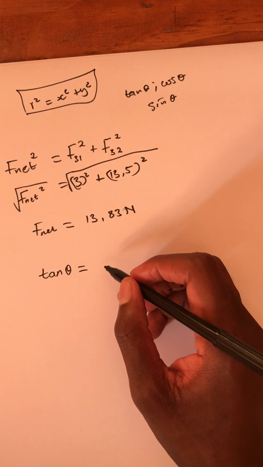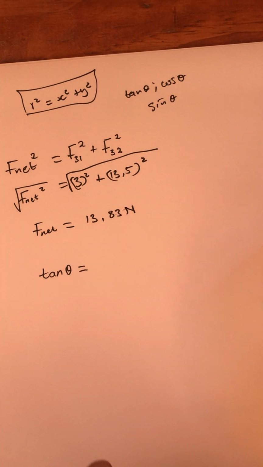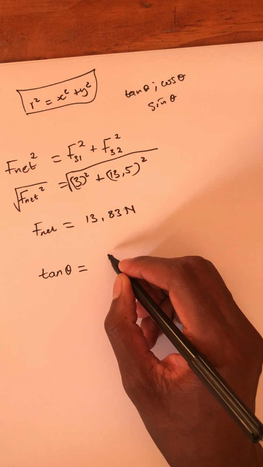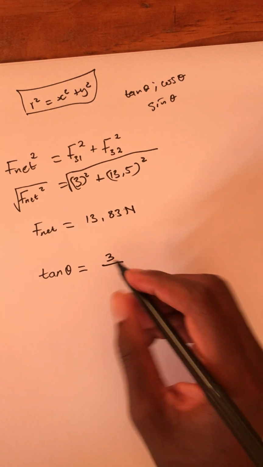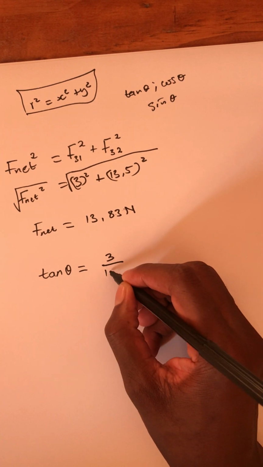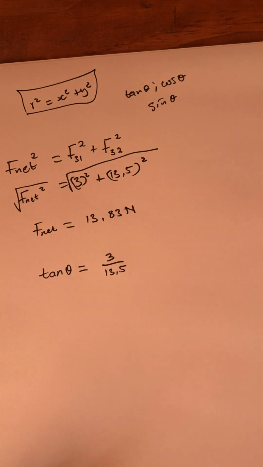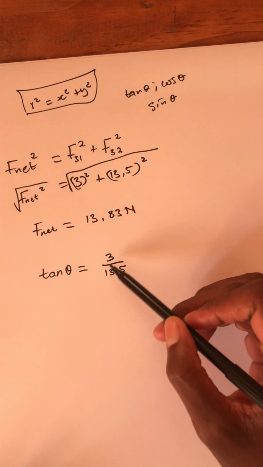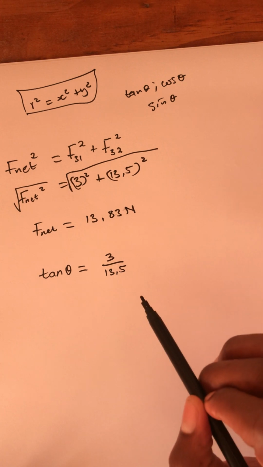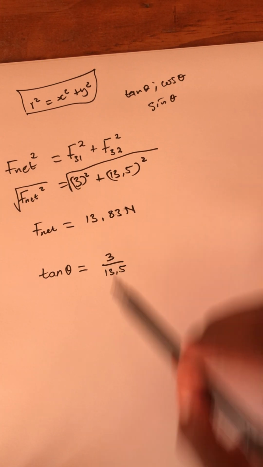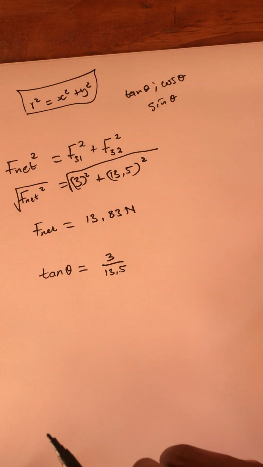From our triangle, we have 3 over 13.5. The 3 is opposite, 13.5 is our adjacent.